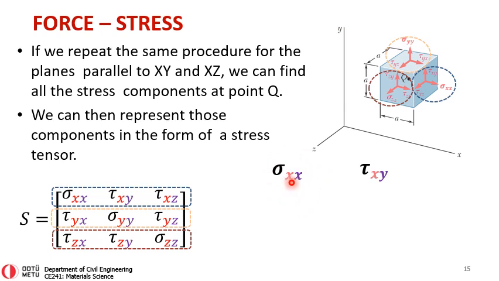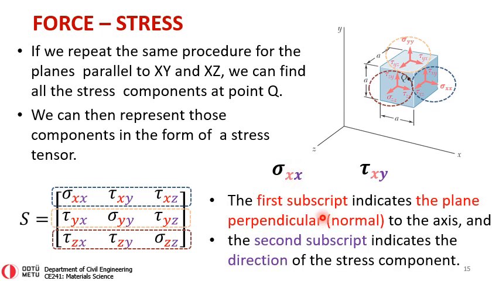In this convention, as a tensor, it has not just the magnitude and the direction, but one extra parameter, which shows the plane on which it is acting. So here, the first subscript indicates the plane, perpendicular or normal to the axis.